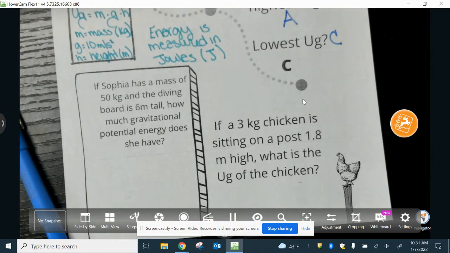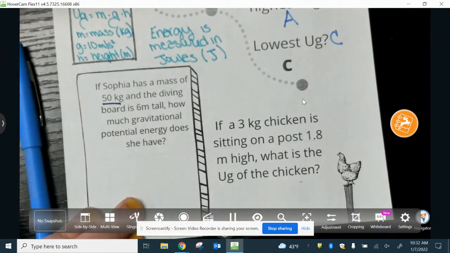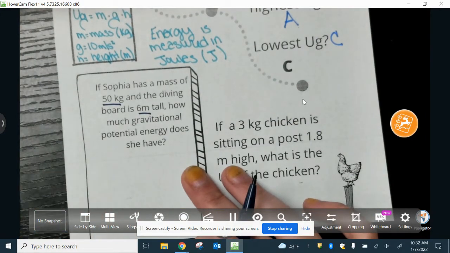So the first example problem says, if Sophia has a mass of 50 kg and the diving board is 6 meters tall, how much gravitational potential energy does she have?